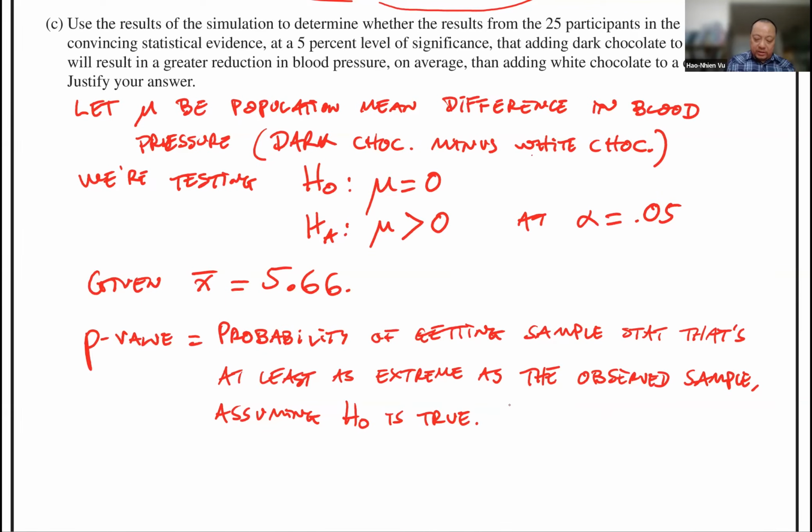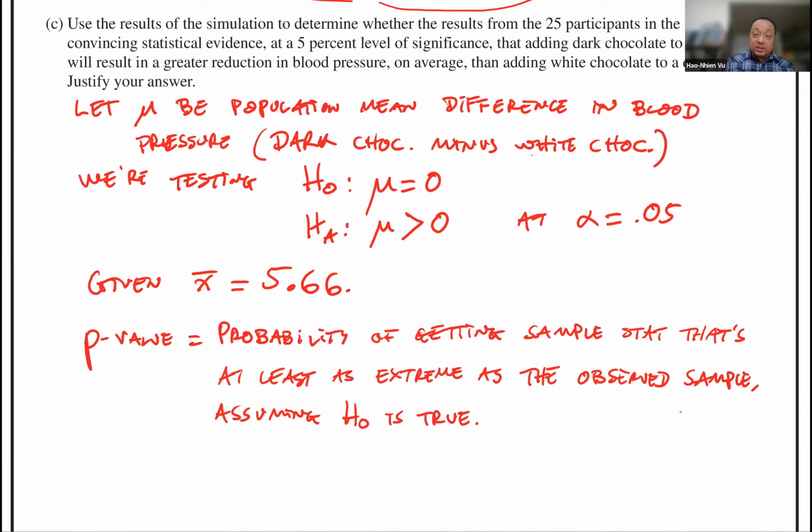So what about the rest of it? At least as extreme as, because HA is a right-tail test, means at least as large as, greater than or equal. As the observed sample statistic, what is the observed sample statistic? The observed sample statistic is x bar equals 5.66.